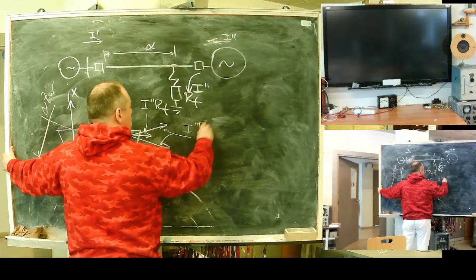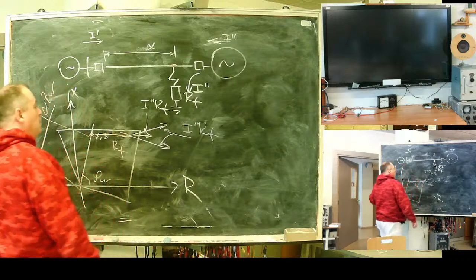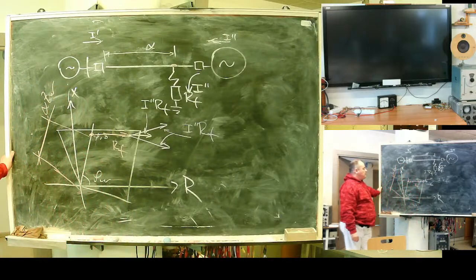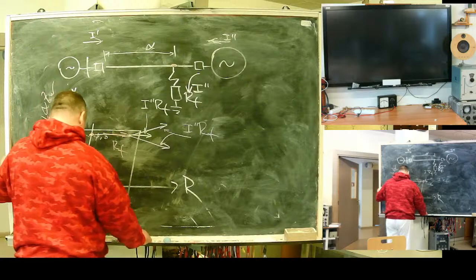I2 RF. Direction and length are dependent on fault resistance, and they are very dependent on the angle between systems. In reality, it's a function of transfer power before fault.